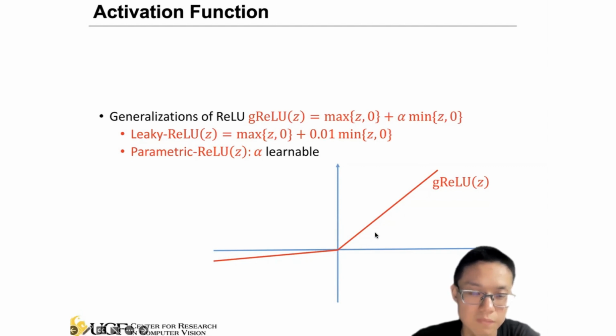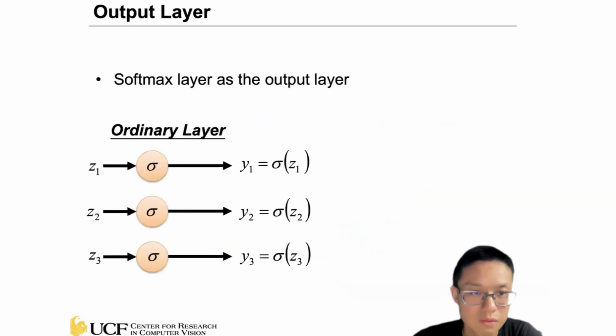This is the generalization of ReLU. On the left side, less than 0, you can add a small slope. So we have max of alpha z and 0. This alpha is a learnable parameter. So this is the generalized ReLU. Those are some of the common activation functions we can use in neural networks.